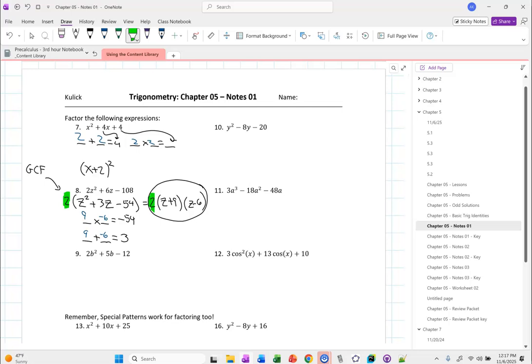Keep in mind, we gotta keep that 2 that we pulled out front with us through the whole ride, right? Everybody good?